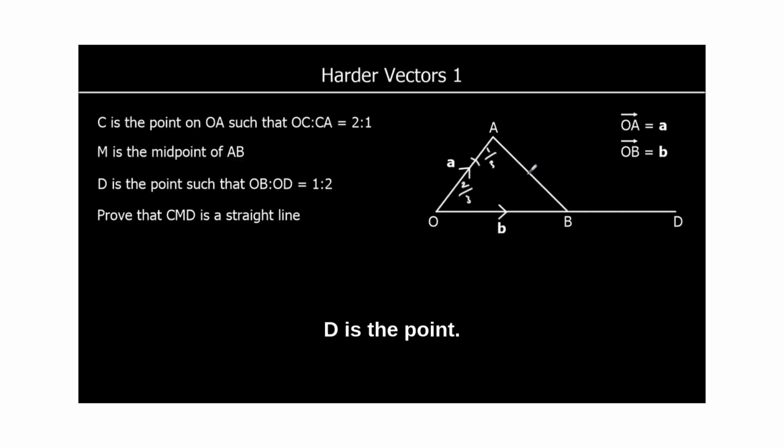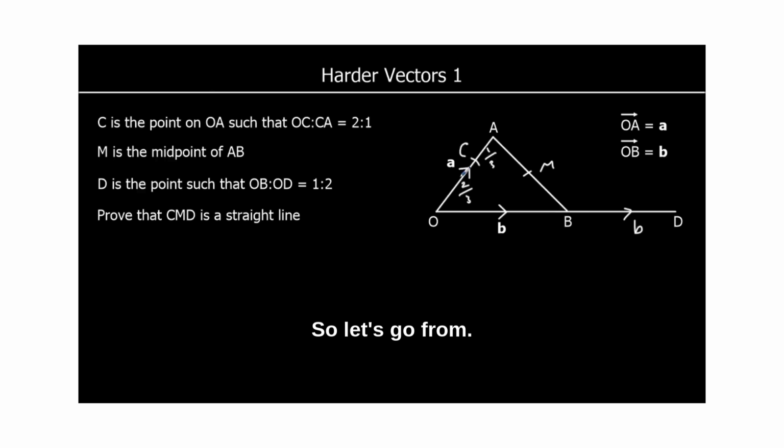M is the midpoint of AB. D is the point such that O to B is 1 part, O to D is 2 parts, so it's double. O to D is double O to B. Prove that CMD is a straight line.